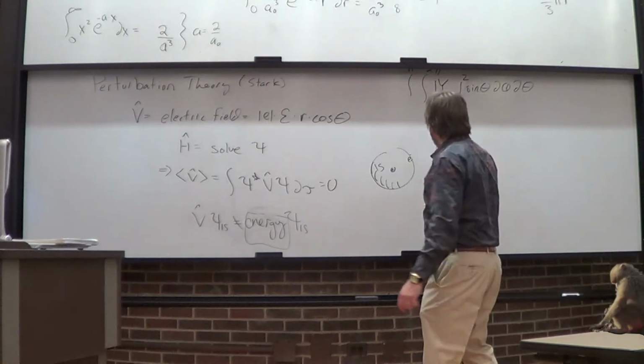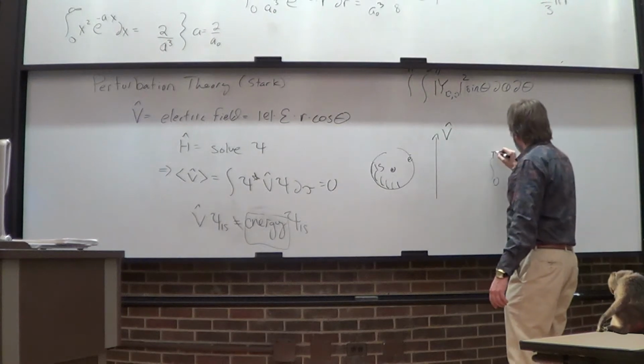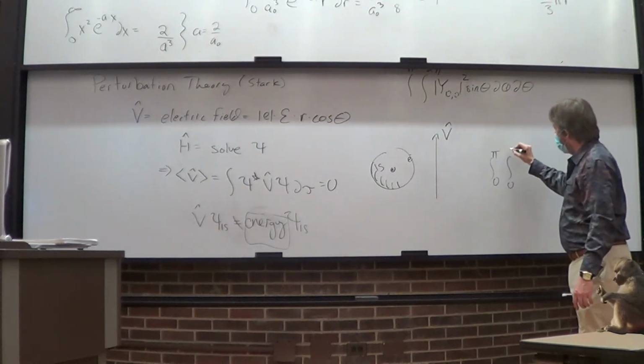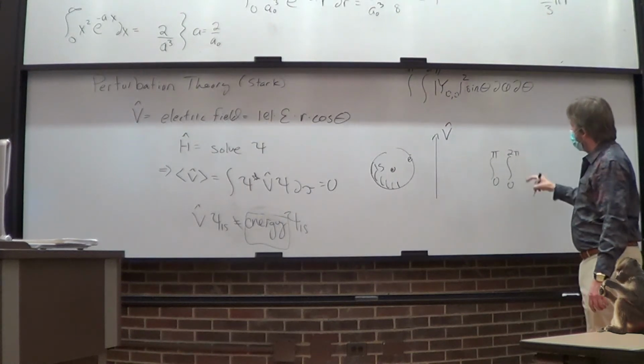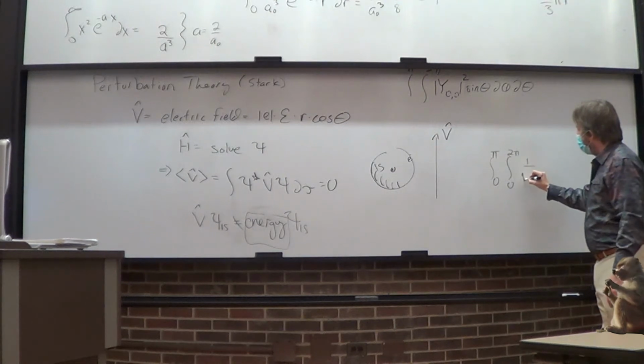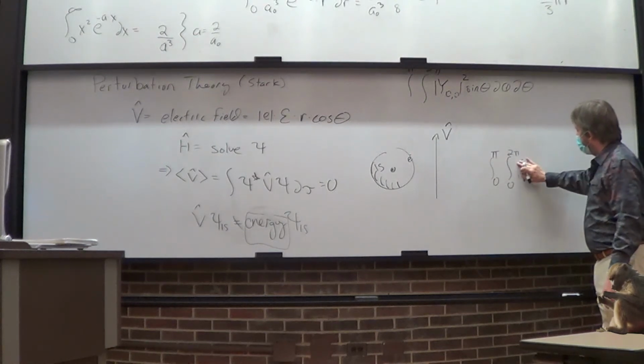When you do this, let me get you used to this. Now this is theta, because theta goes from 0 to pi. Phi is 0 to 2 pi. The theta equation is this. Oh, but I forgot, sorry.